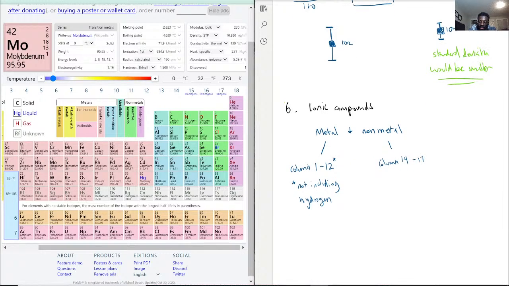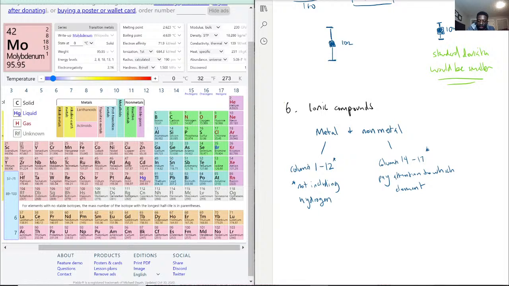So that's typically how it is, but I'm going to put an asterisk here because you want to pay attention to which element. Okay, so now that is a basis for ionic compounds. It can definitely get a lot more complicated than that depending on the question you have.